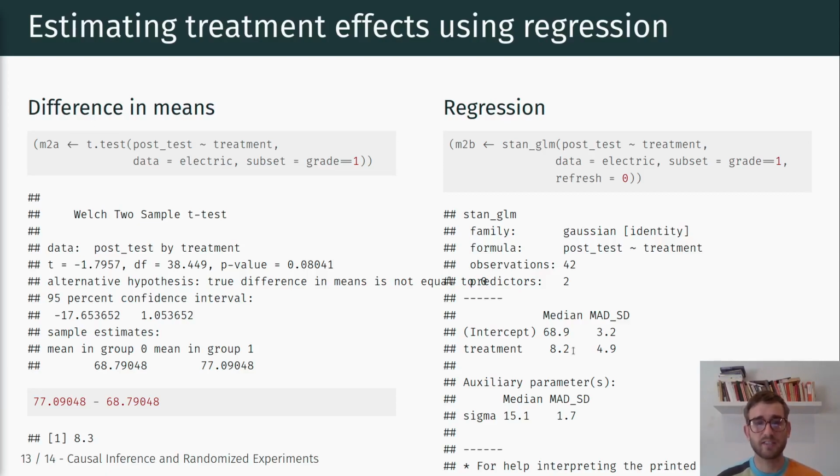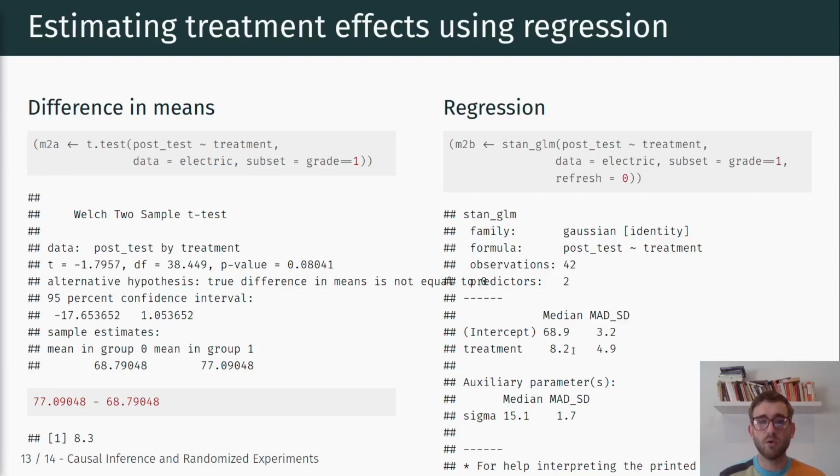The key is that in our linear modeling framework, we can include additional control variables, additional pre-treatment predictors that will help us provide a more precise estimate of our treatment effect, and will also allow us to, for example, characterize conditional treatment effects more easily.